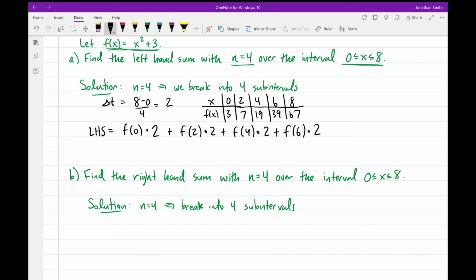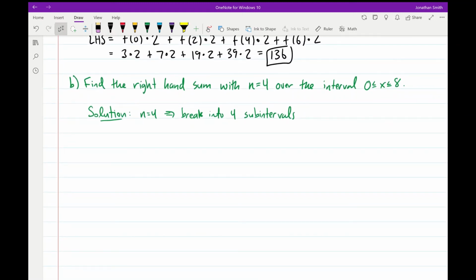So this is going to give us our left-hand sum. And if we put in the appropriate values, we get a 3 times 2 plus a 7 times 2 plus a 19 times 2 plus a 39 times 2. And if you plug this into a calculator, you should get 136. So this would be the value of the left-hand sum of this function f of x when n is equal to 4.